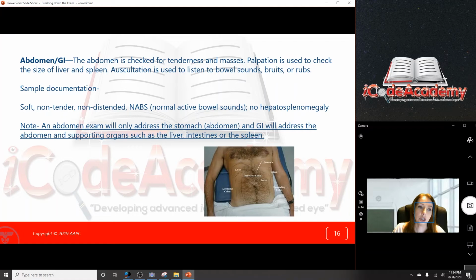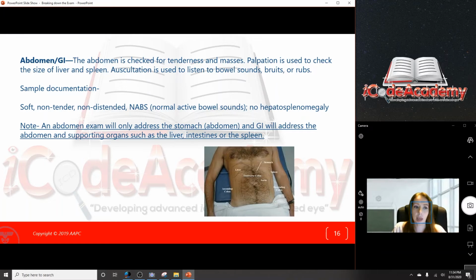When I taught physicians, I always told them, as a coder, my job is to look at the documentation that you give us and interpret that correctly. Some providers will use abdomen or GI as a header within their documentation, but then the documentation of the exam itself may be contradicting. What you want to do, again, as a coder, is make sure that you're looking at the documentation they gave you for the actual exam, not the header.